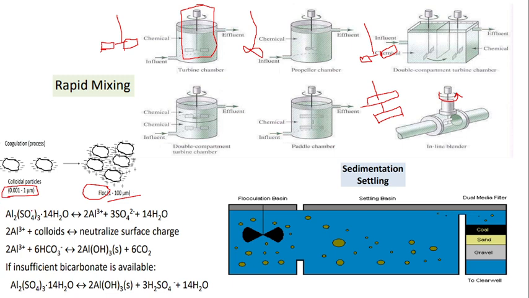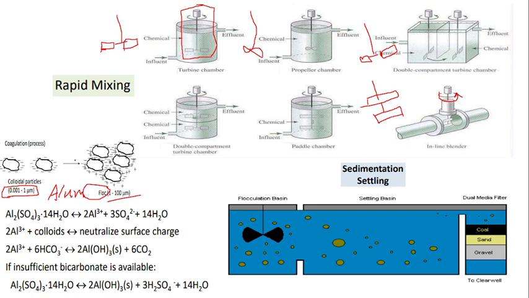The coagulating agent commonly used for this process is called alum. Its chemical formula is Al2(SO4)3·14H2O. When this alum is added, it dissociates to give Al3+ ions, SO4 2-, and water molecules.